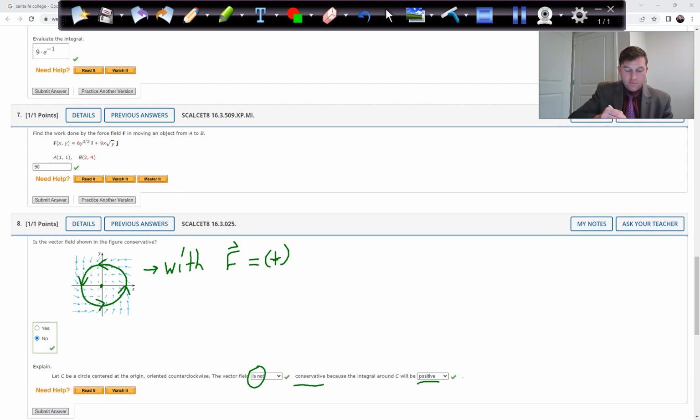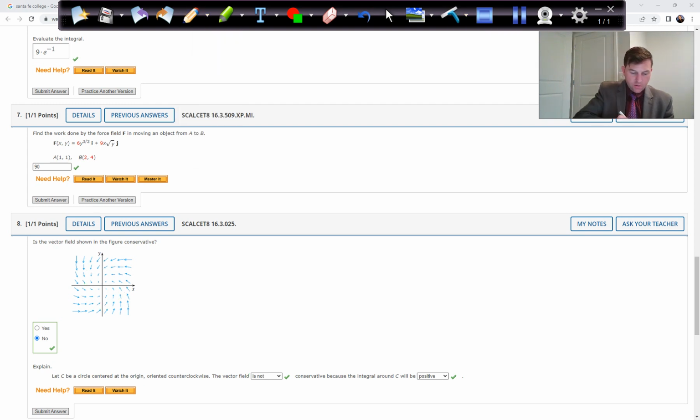And if we would have gone the other way, let's say we went clockwise, this is opposing, going the opposite of the vector field.